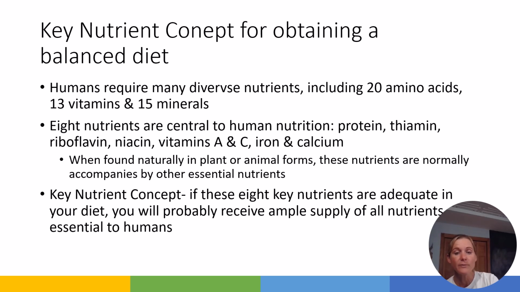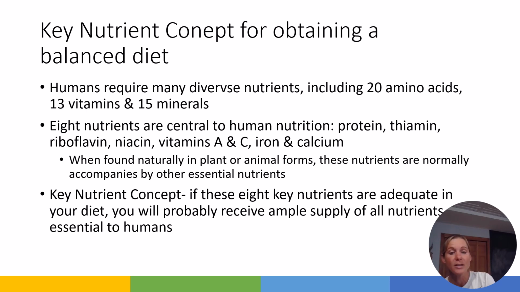Okay, so foods found naturally in plant or animal forms, these nutrients are normally accompanied by other essential nutrients, right? So if I'm going to eat something that's high in protein, for example, black beans and brown rice, I'm going to naturally, by default, get some of these other essential nutrients in those items.